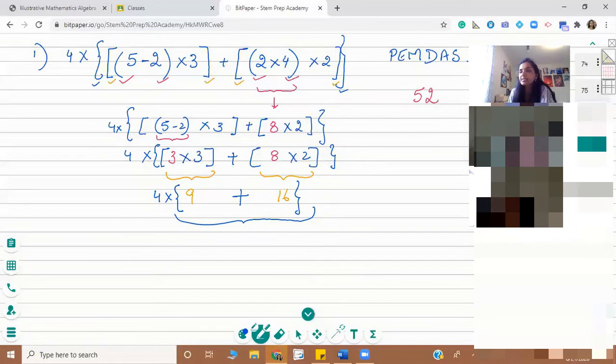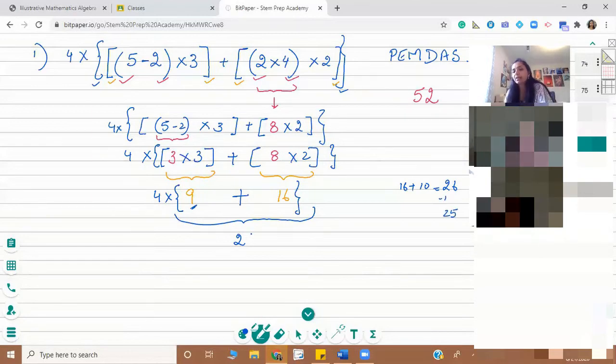And what did you get? 29. No. See, 16. How much is 16 plus 10? 26. And then it is 9. So minus 1 from here, you will get 25.